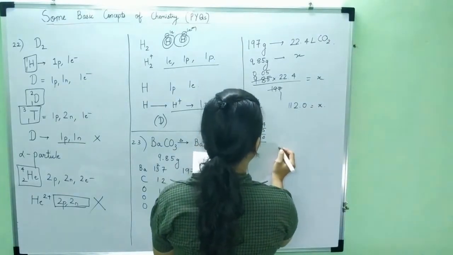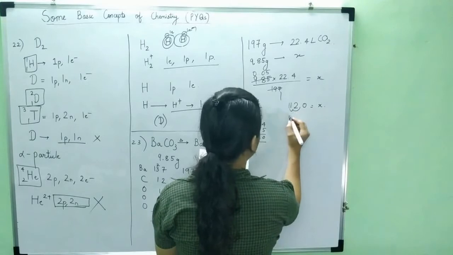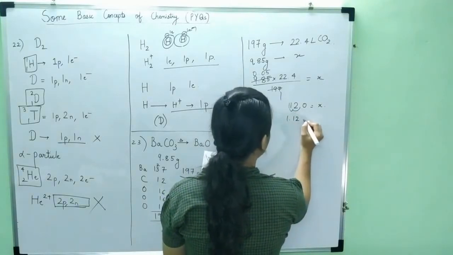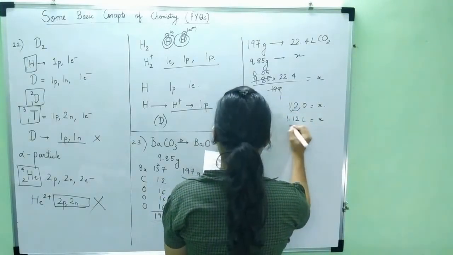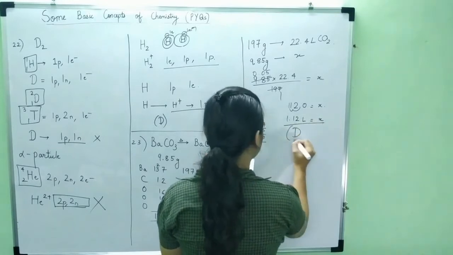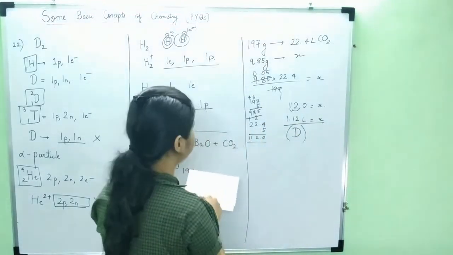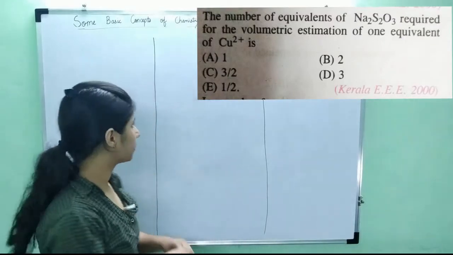And with the decimal shifted, 1.12 liters is X. So the answer is option D. Right? So let's start with the next question.